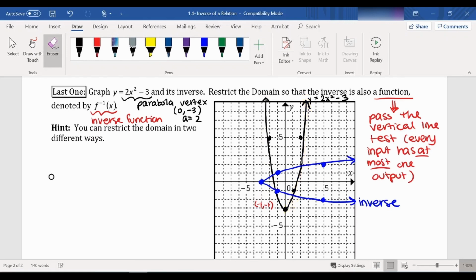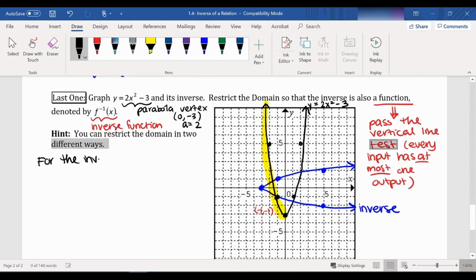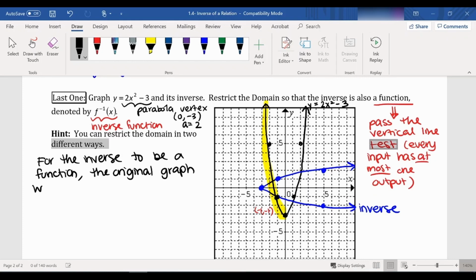So for the inverse to be a function, the original graph would have had to be only the left portion or only the right portion.